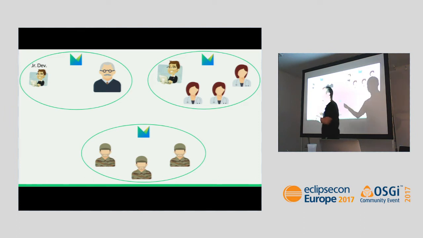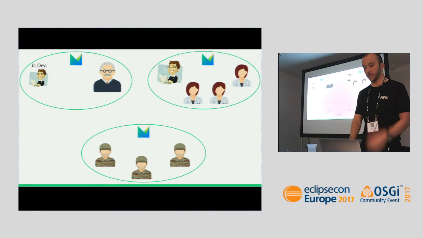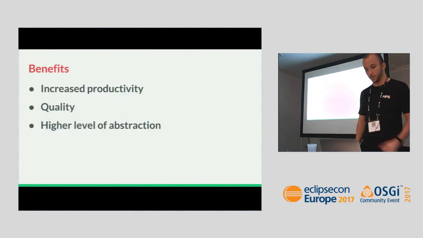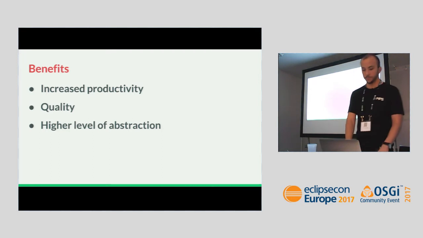Sometimes even developers can work with domain experts in the same language, and sometimes you don't even need a developer to start working with this domain-specific language. So the benefits are increased productivity, quality, and a high level of abstraction. I will go through each one separately.